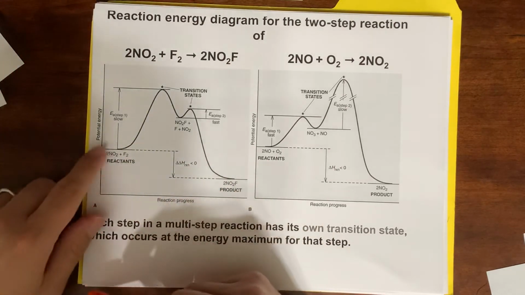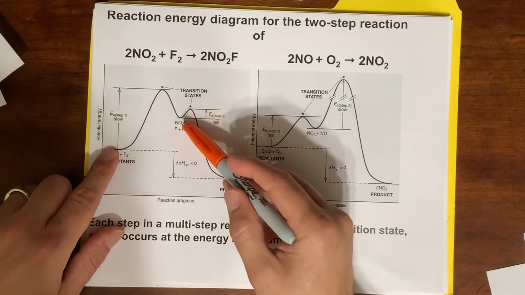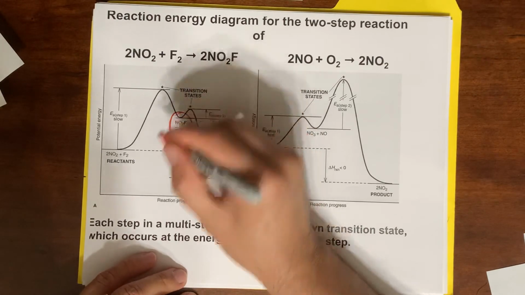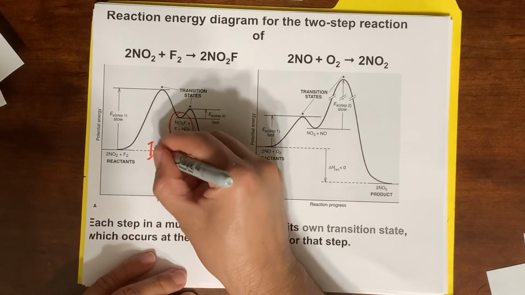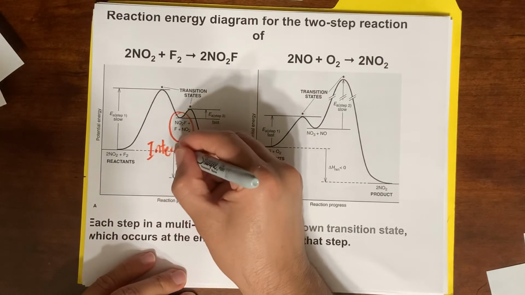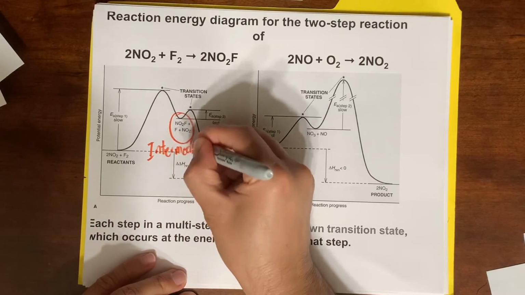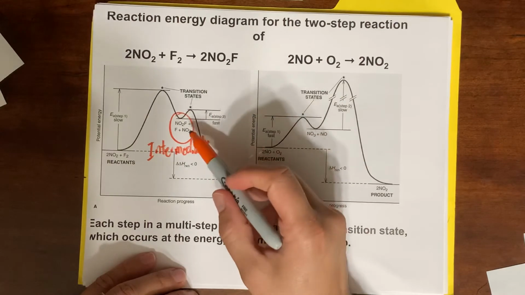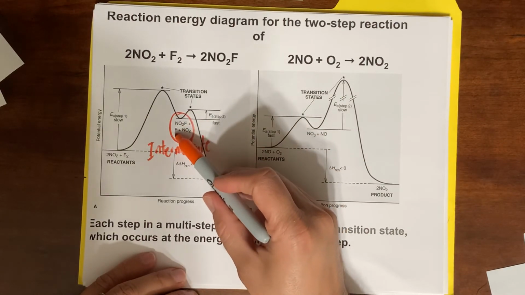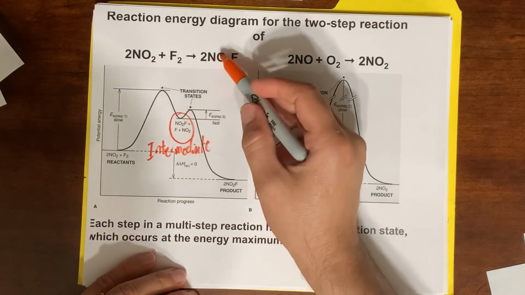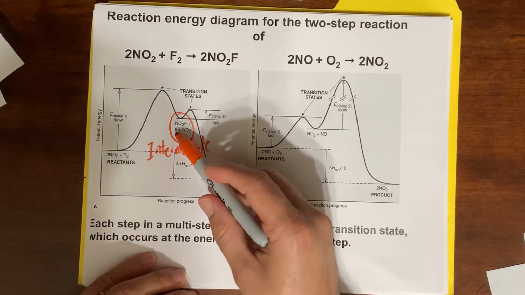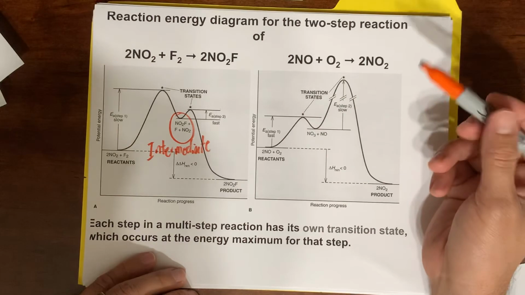So here, reactant, transition state, and then I call this one the intermediate. I got F. We don't have F in the reactant or the product, so F is the intermediate that we generated.